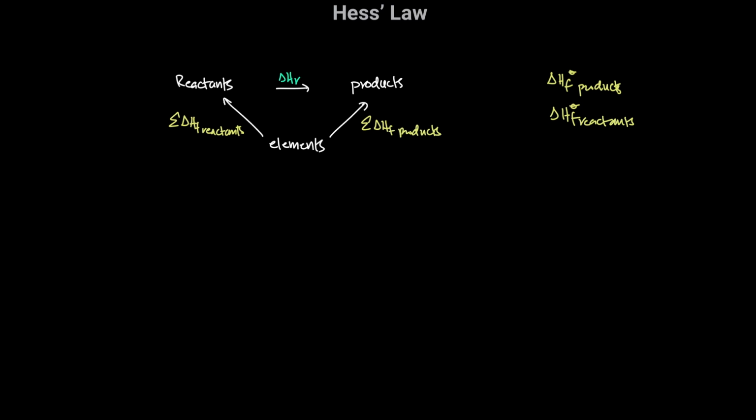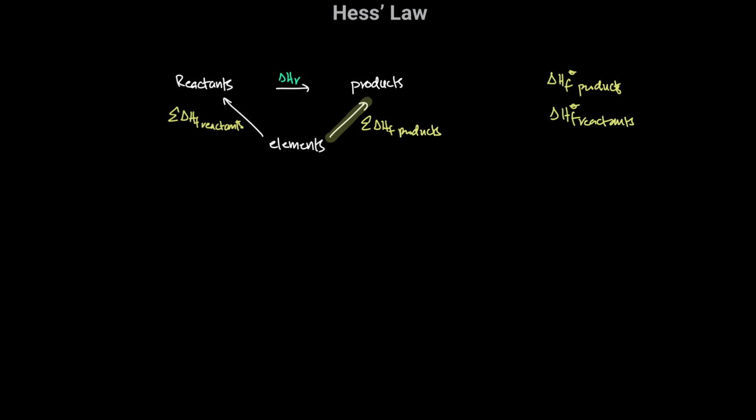So in this energy cycle, I can directly convert elements to products. That would be the sum of the enthalpy changes of formation of the products. Or I can go from elements to products in 2 steps. I can convert the elements to the reactants first and then convert the reactants to the products.